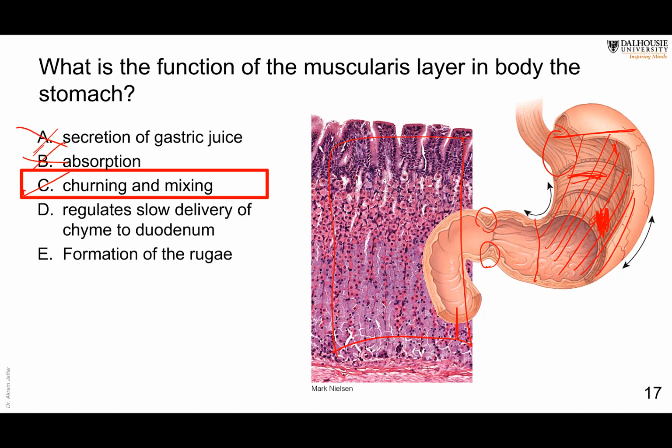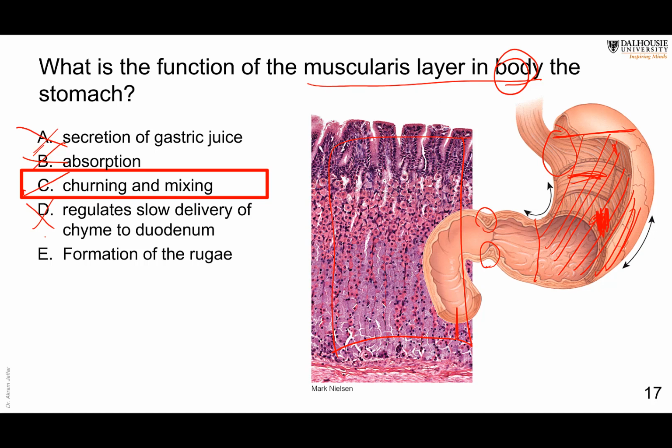We are talking about the muscularis in the body of the stomach, not in the pylorus. In the pylorus and pyloric sphincter, yes, the thickening of the circular muscle fibers will regulate the delivery of chyme to the duodenum, but this is not the function of the muscularis layer of the body of the stomach. Formation of the rugae.